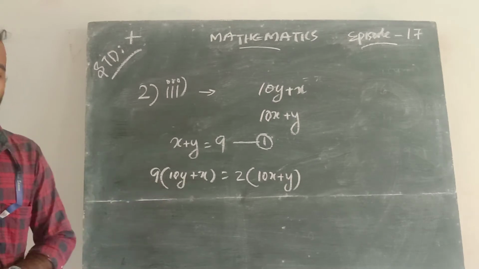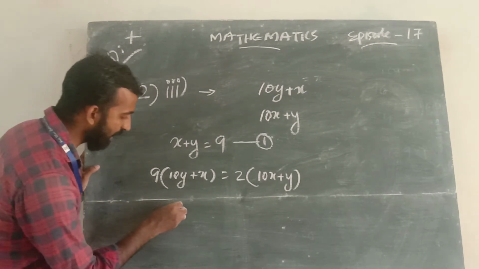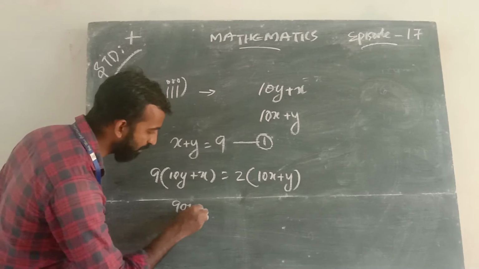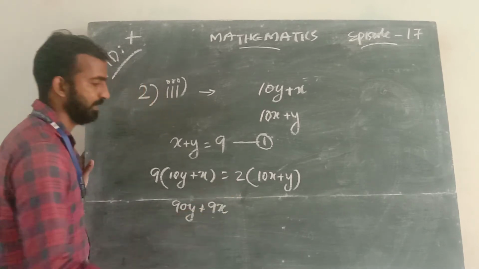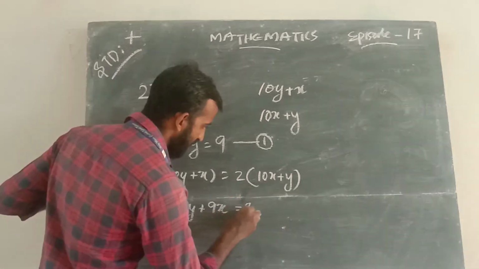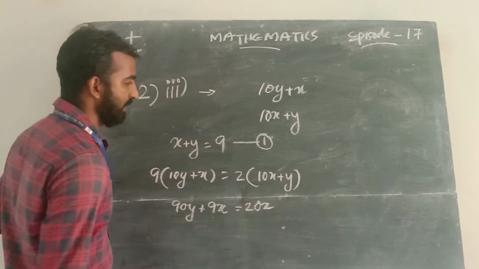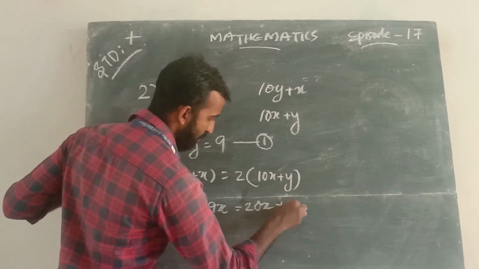When we open the bracket, 90y plus 9x equals 20x plus 2y.